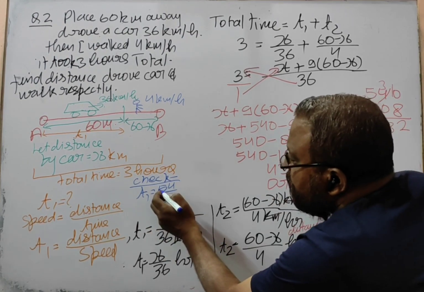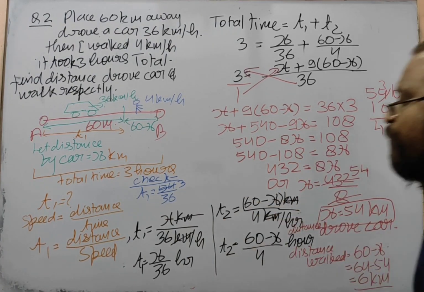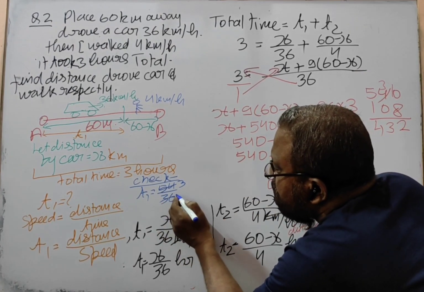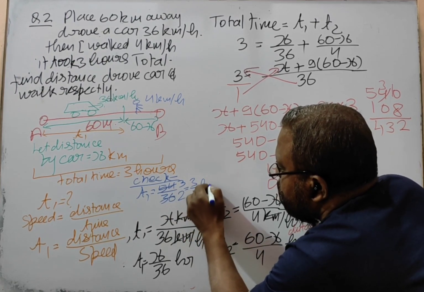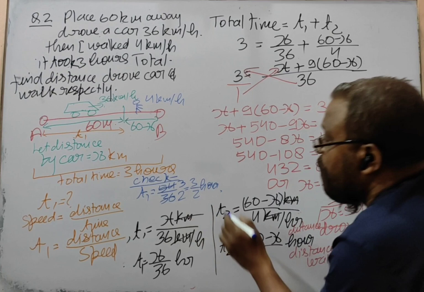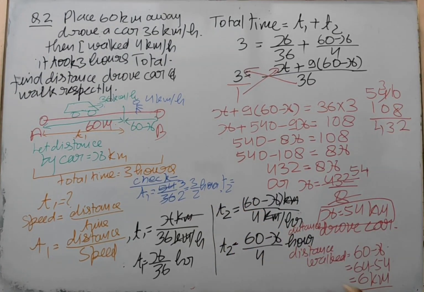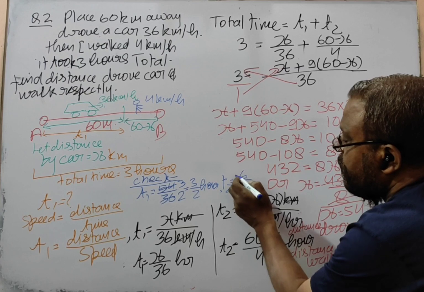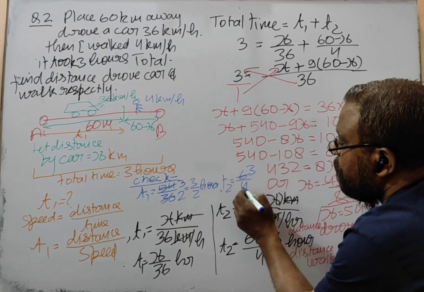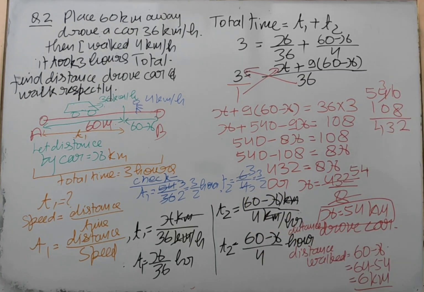It becomes 3 by 2 hours, since 3 times 18 is 54 and 2 times 18 is 36, right? And for the walk, T2 is equal to 6 kilometers upon 4. It also becomes 3 by 2, right?